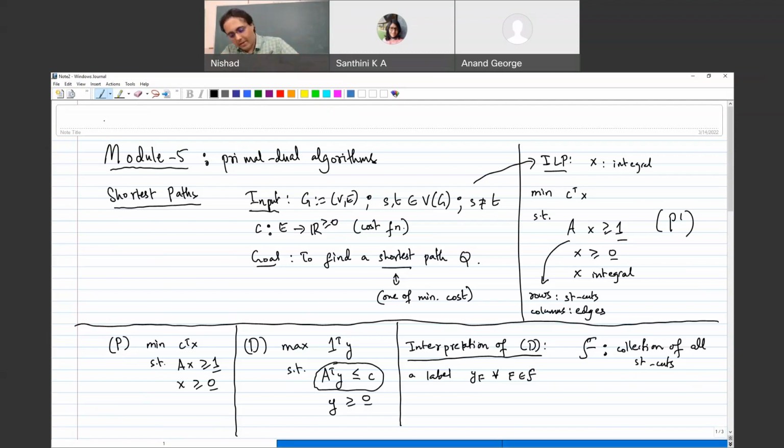This was the last question on the assignment. So look at all the cuts that contain this particular edge, sum up the labels corresponding to these cuts, and that should be at most the cost of that edge.